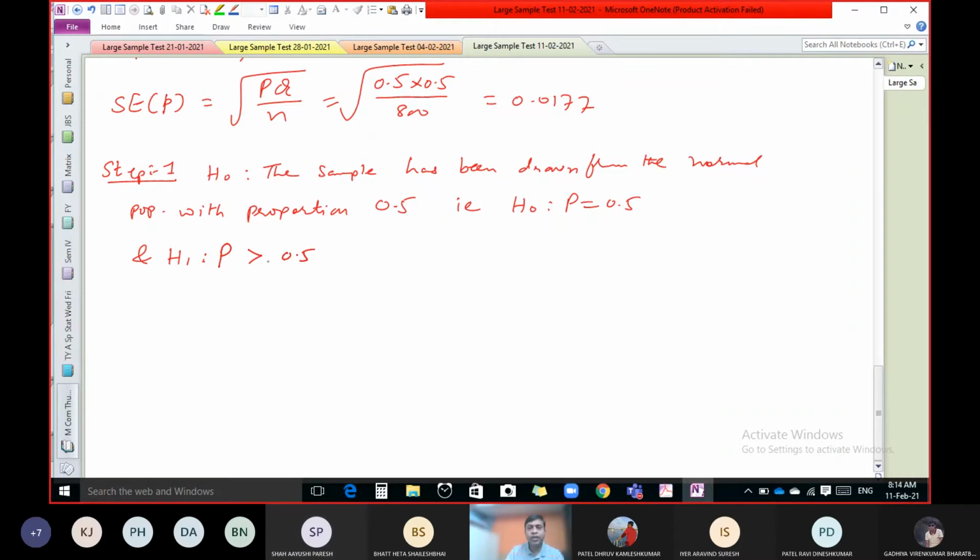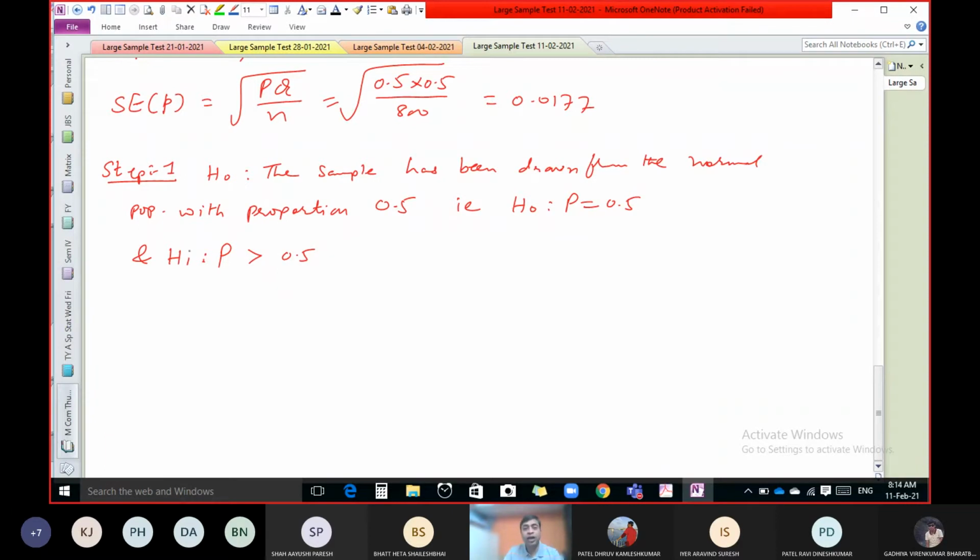Because if P equal to 0.5, and at the end of the last step we find that this one is correct, in that case our conclusion is there is no majority because it is exactly 0.5. So there is no question of majority. This indicates that the majority of men are not smokers. That is written in H naught here.